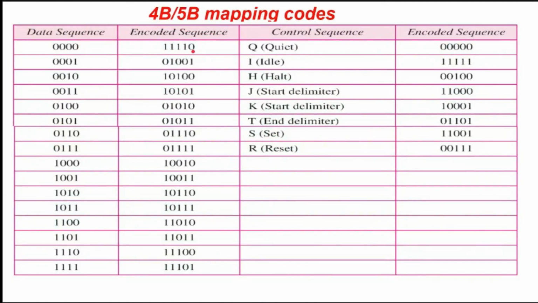The control sequences Q, I, H are indicators for the conversion method. The encoded sequence will be like this, and the last code will be added here. So some conversion happens in the combination of the data sequence and the encoded sequence. This is called the block codes method, based on 4B/5B.